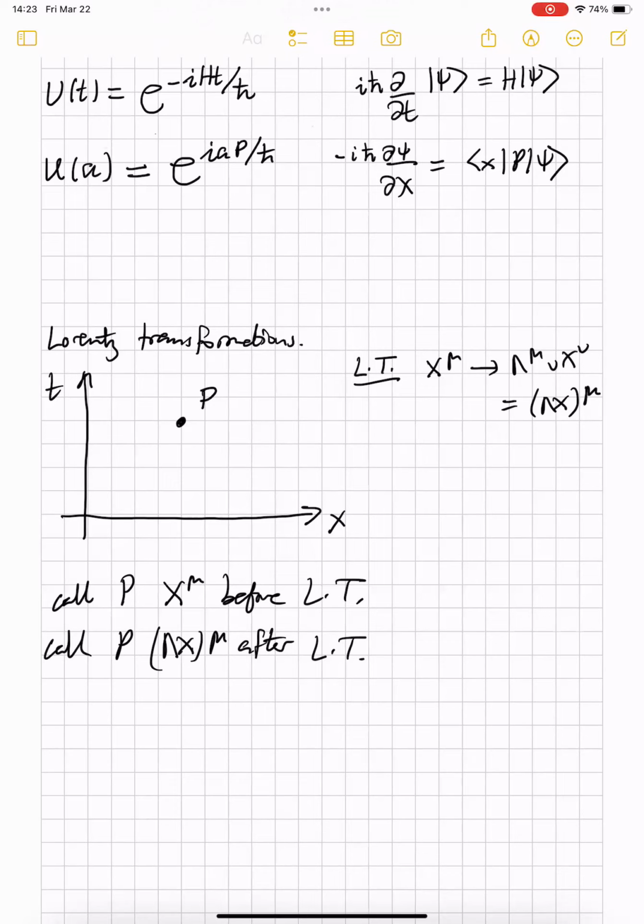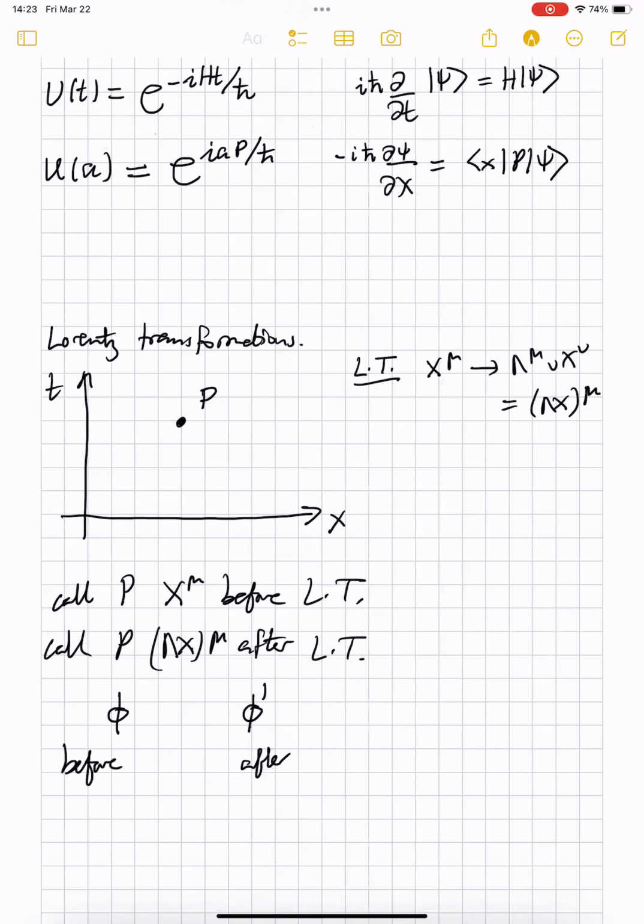So what the Lorentz transformation does, it changes how we label points. If the point was labeled x mu before the Lorentz transformation, it's labeled lambda x mu after the Lorentz transformation. The field was called phi before the Lorentz transformation, and it's called phi prime after the Lorentz transformation.